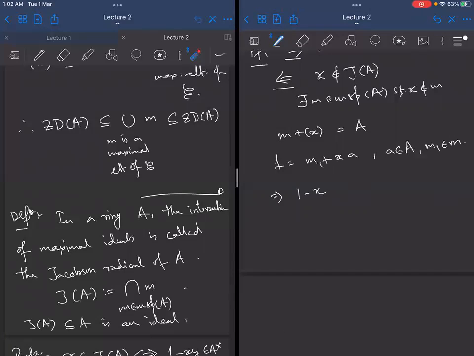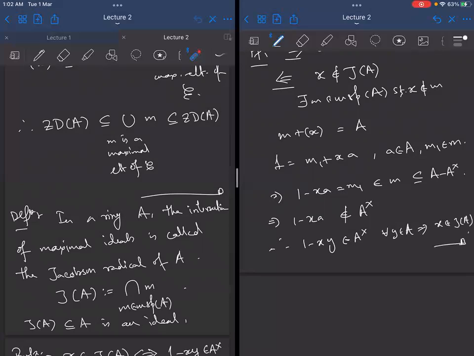But then 1 minus xa, which is m1, belongs to M, and this is contained in the set of all non-units. So your hypothesis is not satisfied, and therefore 1 minus xa is not a unit. And by contrapositive again, you will see that 1 minus xy is a unit for all y in A implies x is in the Jacobson radical, and this completes the proof.